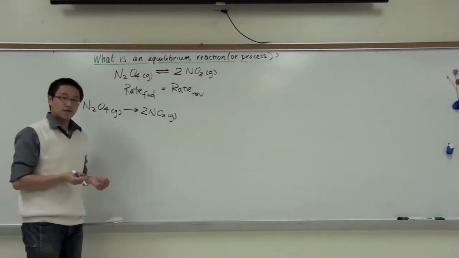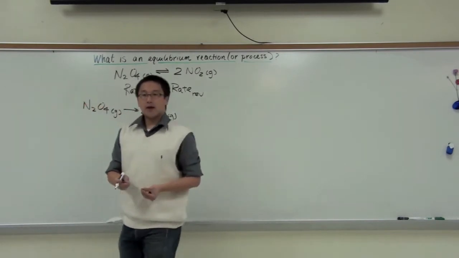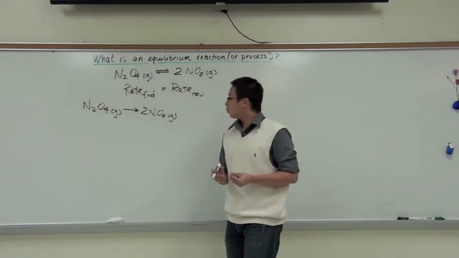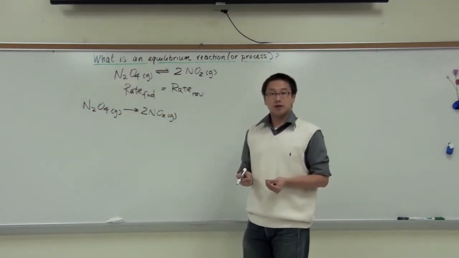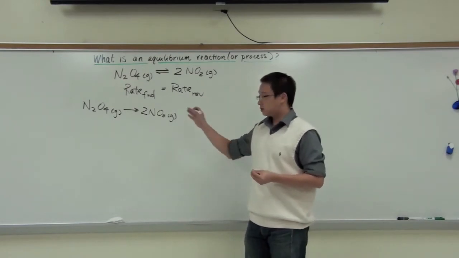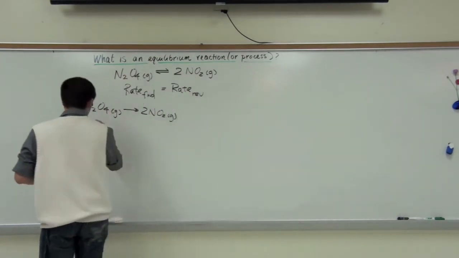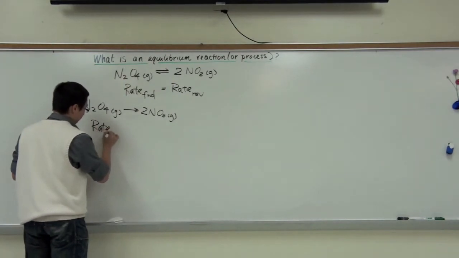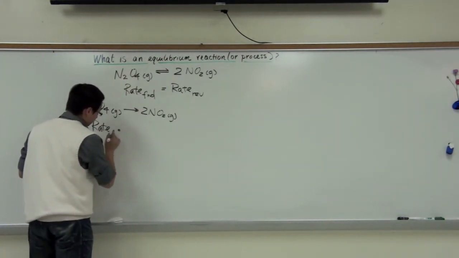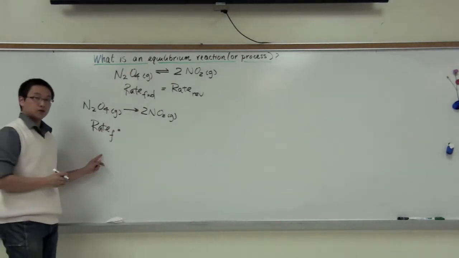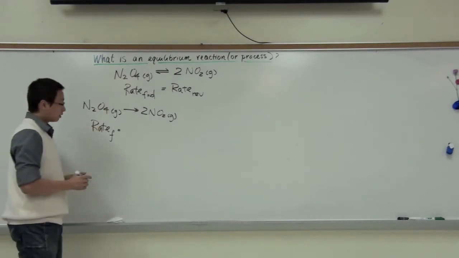Okay, so we have the forward reaction right here. And in the previous chapters, we learned about writing rate laws. So we're going to write a rate law for this reaction. And I'm going to put a subscript F here to stand for forward.